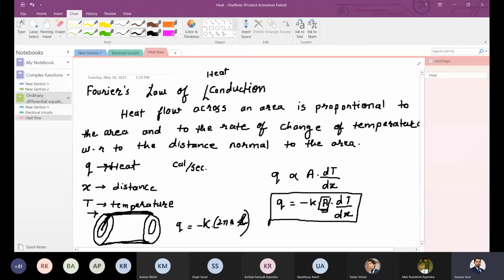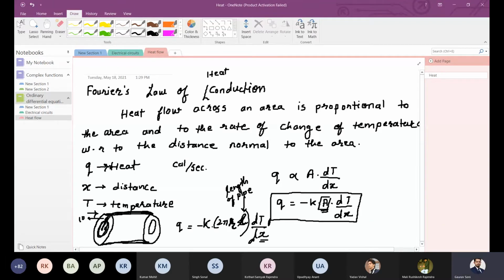So this L will represent the length of the pipe, into dT by dx. Now what was x? X is the distance from the center, right? Now this is going to be variable. Say this pipe has an inner radius of 5 and an outer radius of 10.